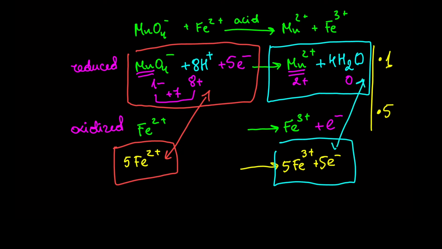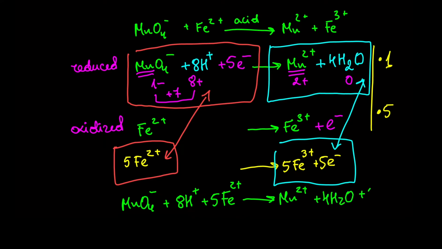What we get is MnO4 minus plus 8H plus plus 5 Fe2 plus, reaction arrow, Mn2 plus plus 4H2O plus 5 Fe3 plus. Note that electrons cancel out to give us the final balanced equation. And that is our introduction to redox reactions under acidic conditions.